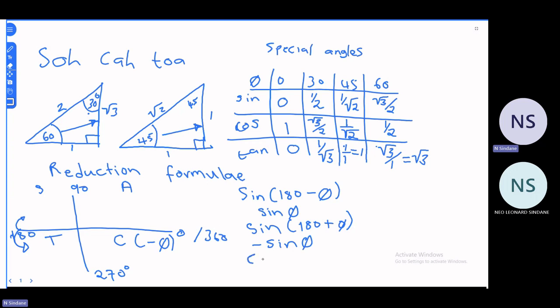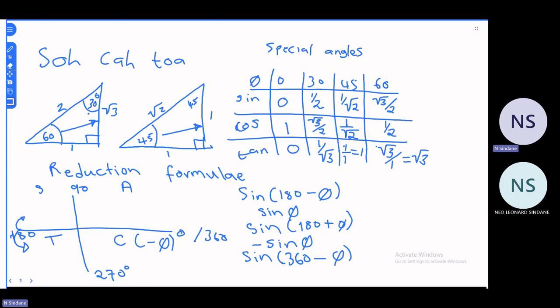Now, let's come to sine of 360. Okay. You have sine of 360 minus theta.